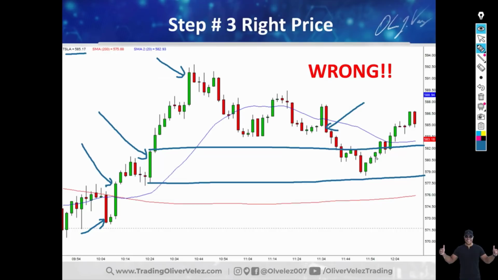So what range is that? Let's say more or less this is a $3 bar.